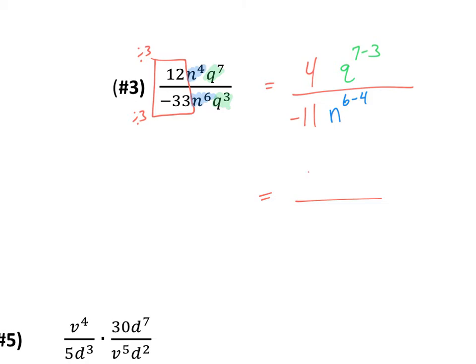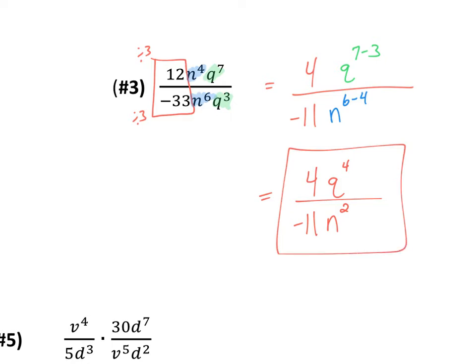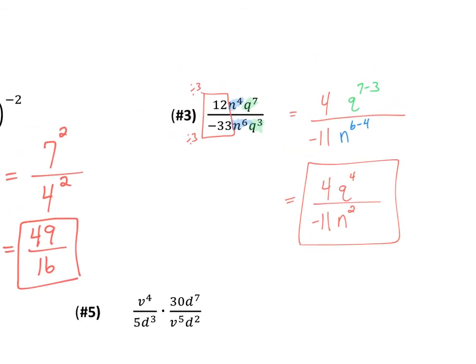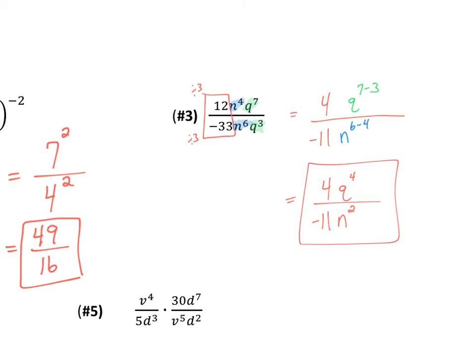So when we simplify this, it'd be 4 over -11, q to the 4th power, and n to the 2nd power. So again, I like to look at it all separately. The coefficients, the n's, and the q's are all separate things.